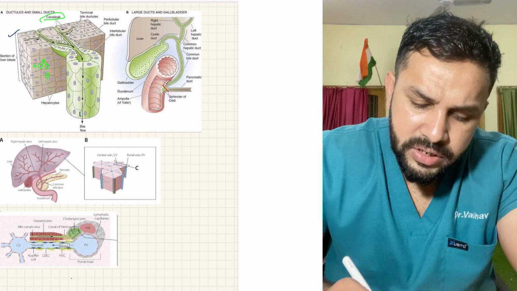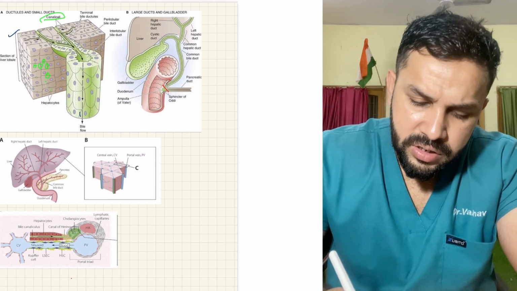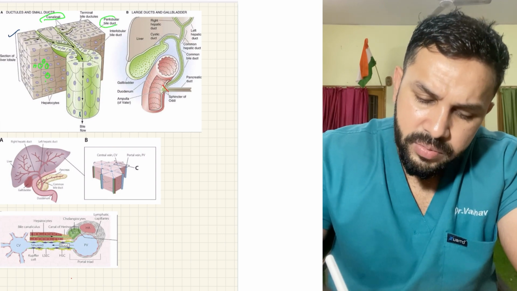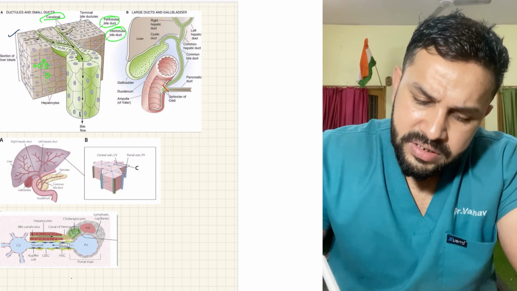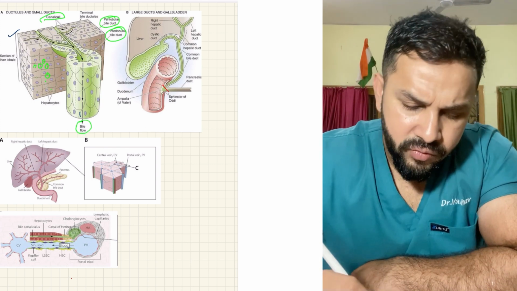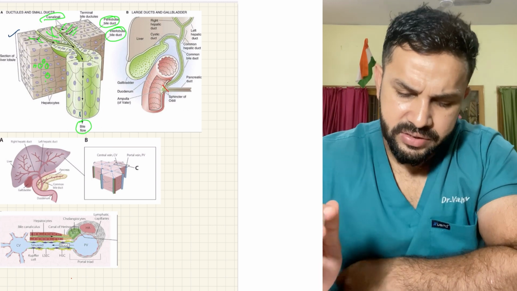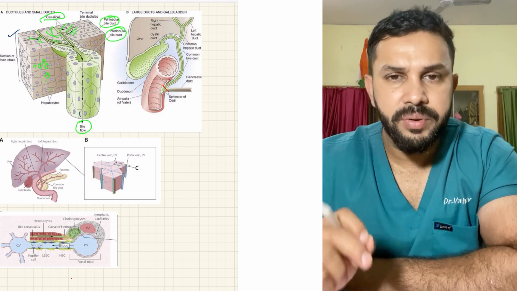The canaliculi join to form the terminal bile ductules, which combine to form the perilobar bile duct, which combines to form the interlobar bile duct. Bile duct is formed from many radicals. This is also called the biliary tree.